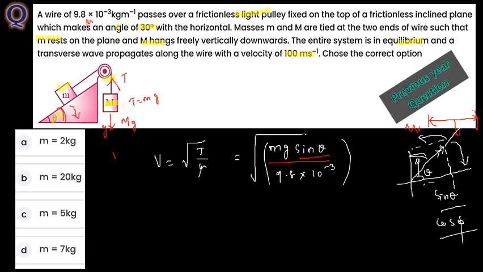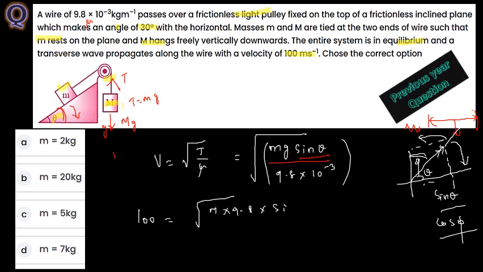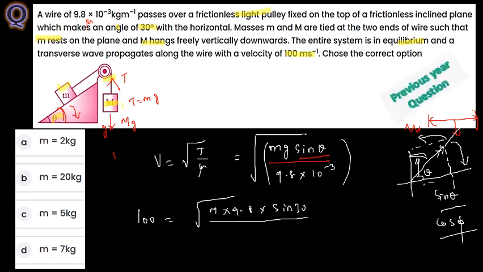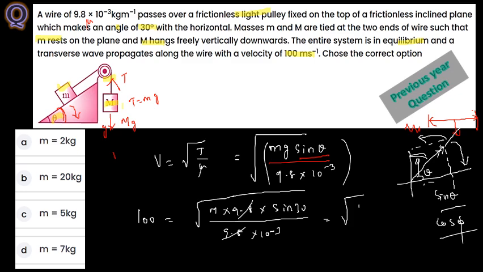Now we are going to find the m value, how we find the mass. The velocity they have given is 100 meter per second, equal to square root of m into g, which is 9.8, and the sine of the angle, sine 30, and the whole divided by 9.8 into 10 power minus 3. Now cancel it, and sine of 30 is 1 by 2. So it is square root of m divided by 2, and 10 power minus 3 becomes 10 power plus 3, that is 1000.